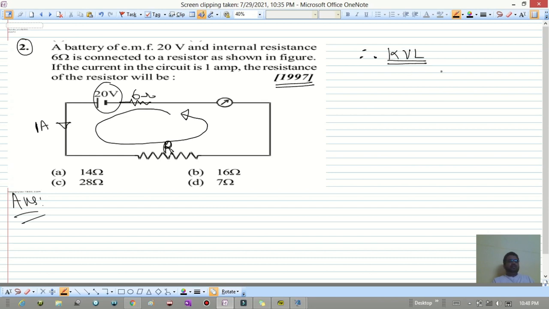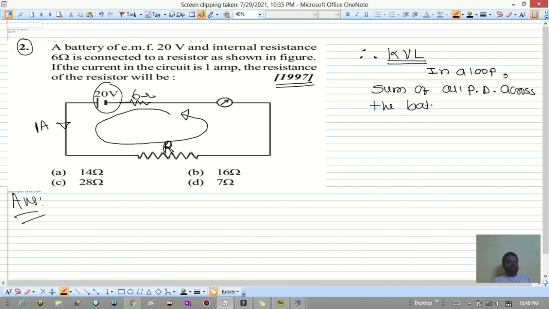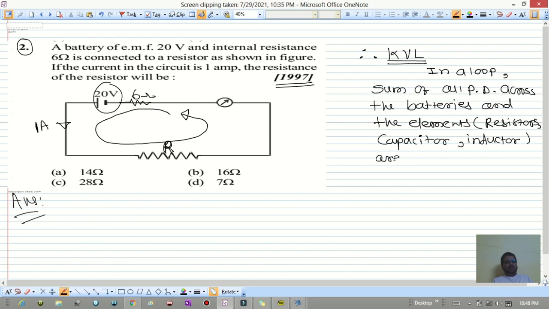Kirchhoff's voltage law is nothing but: in a loop, the sum of all potential differences across the batteries and the elements, such as resistor, capacitor, inductor, is 0.